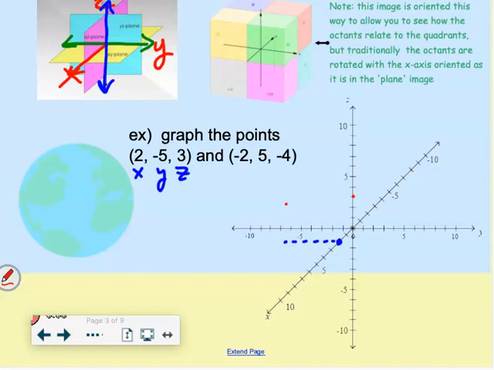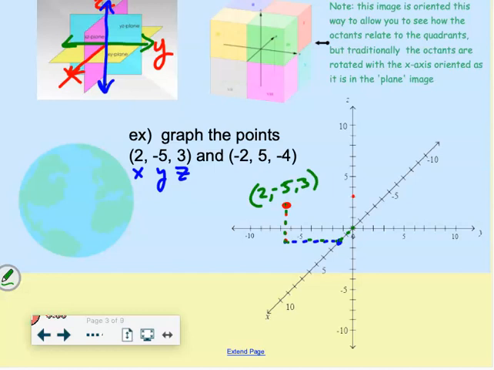Okay, too high. All right, so that's our final point. So when you look at it, you've got 2, this is 5, this is 3, this is the point 2, -5, 3.